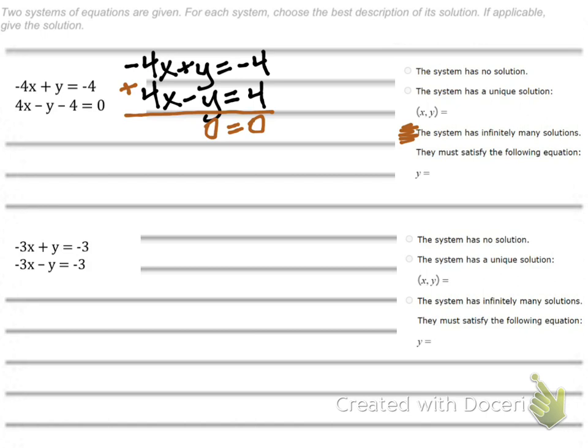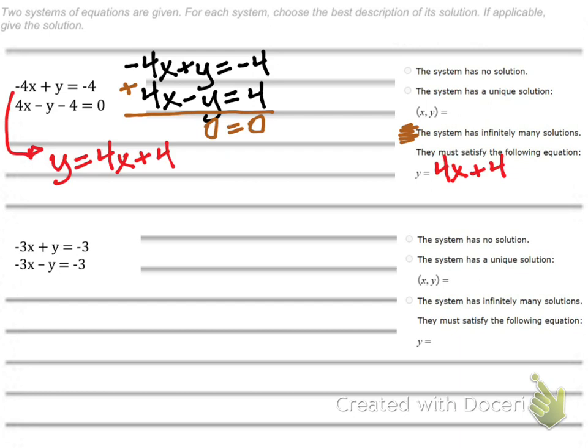So what we do is we pick an equation, it doesn't matter which one, and we solve it for y. I'm going to move the 4x to the other side, so y is 4x plus 4. So the system has infinitely many solutions, but they must satisfy the equation y equals 4x plus 4. Meaning x can be any number, and then what y is depends on what x is.